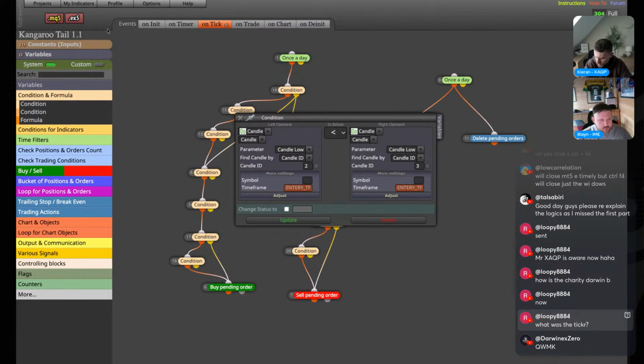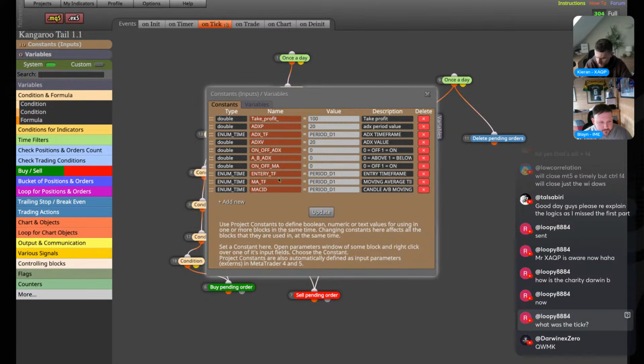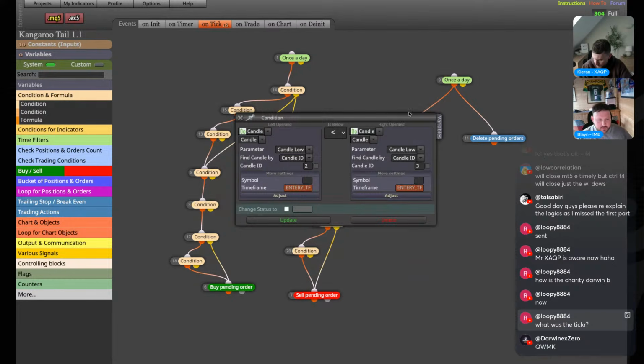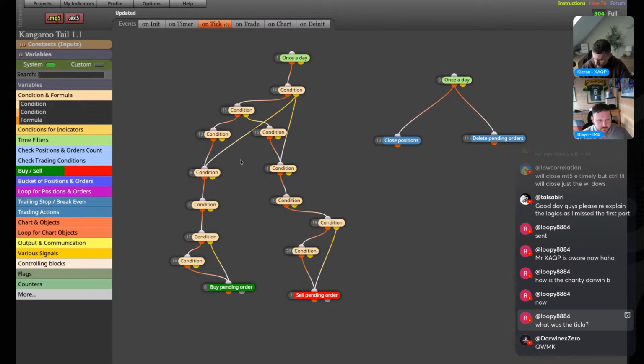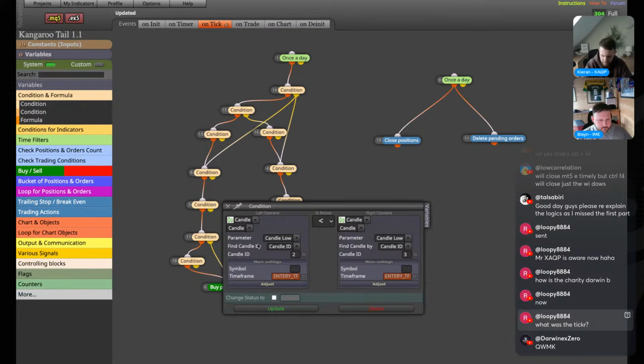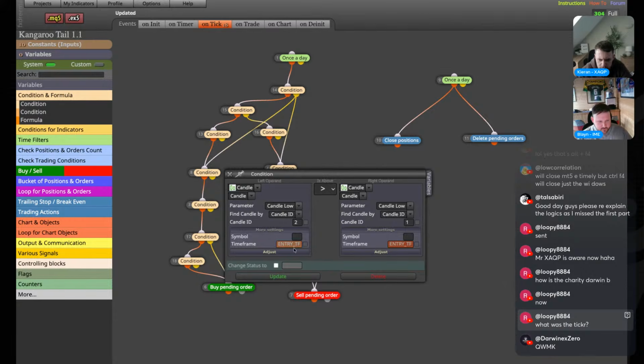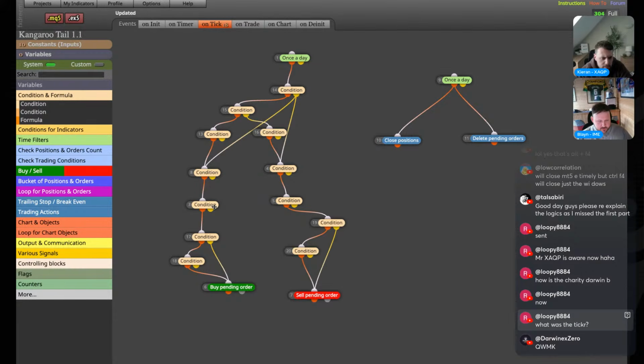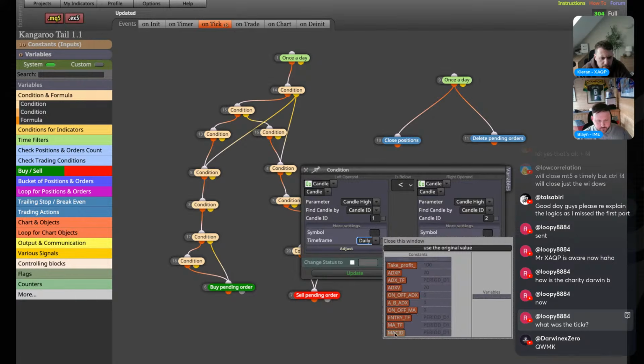Brilliant. There we go. So I need to change that back to here because I can't spell. That's updated. That's not updated. Awesome.